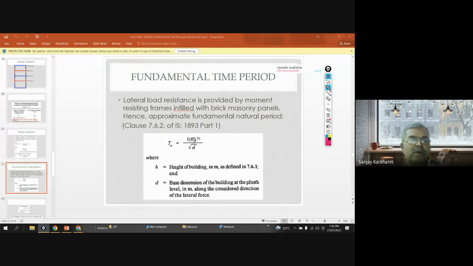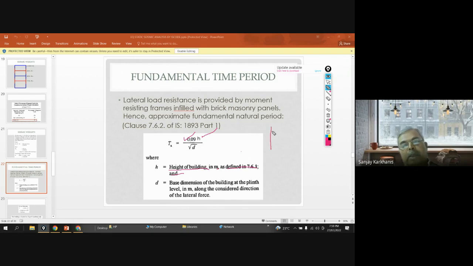Clear? Yes, sir. Now you can say that 0.09 is a constant, so you don't need any information for that. H is the height of the building in meter, defined in 7.6.1. That is at plinth level or at ground level.